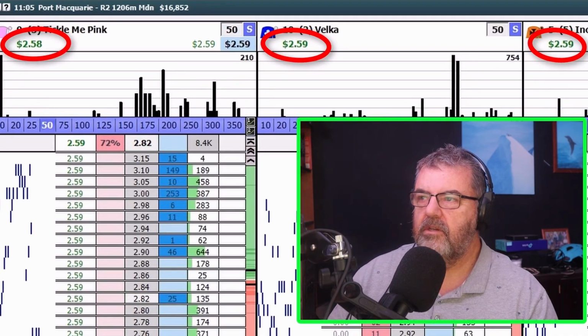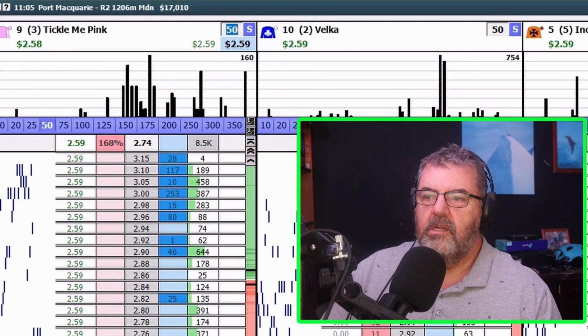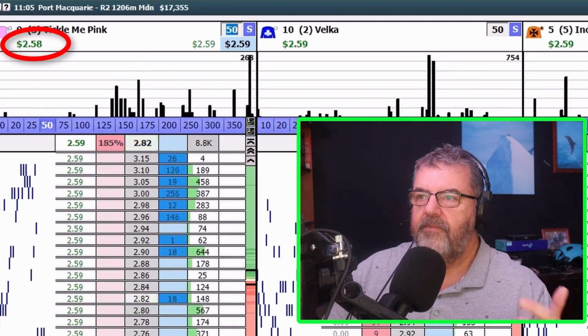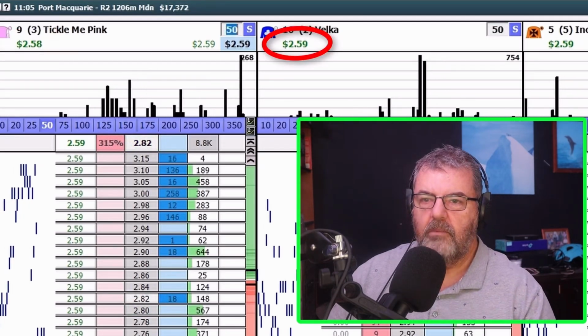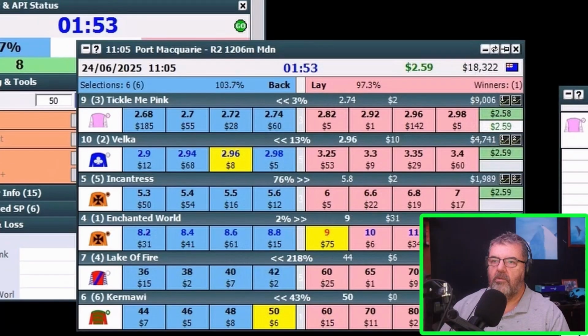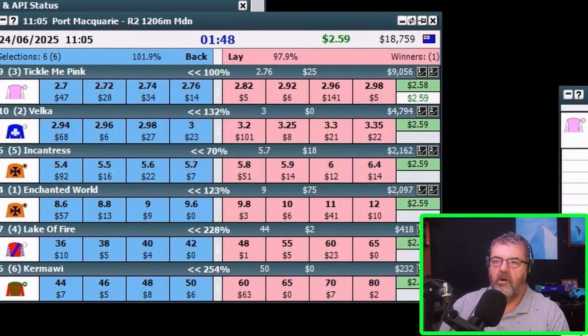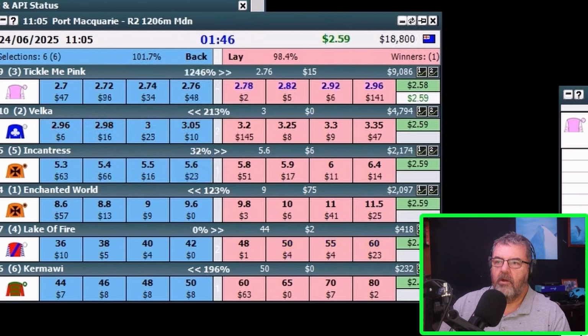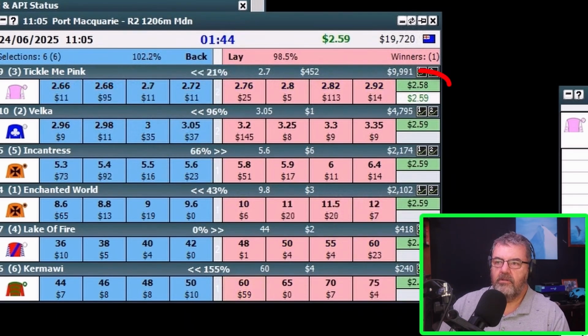See that? $2.59, $2.59. If the favourite wins, I get $2.58. If the second favourite, $2.59, and so on. You can see it here across the whole board: regardless of which horse wins, I'm going to get paid $2.58, $2.59, $2.59.